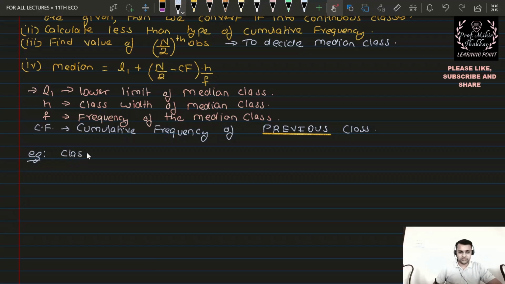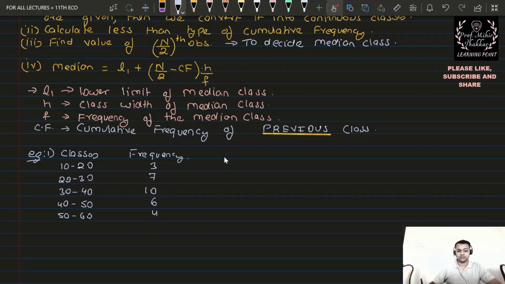Suppose if you are given the classes of observations and the frequency values. Ten to 20, and so on, with the frequency values 3, 7, 10, 6, and 4.